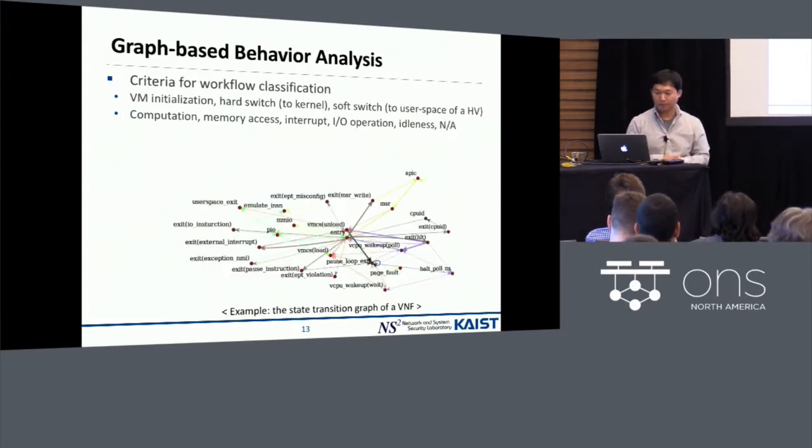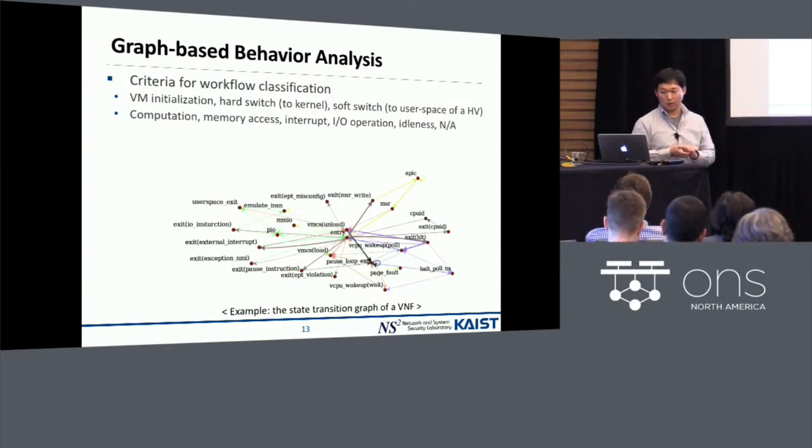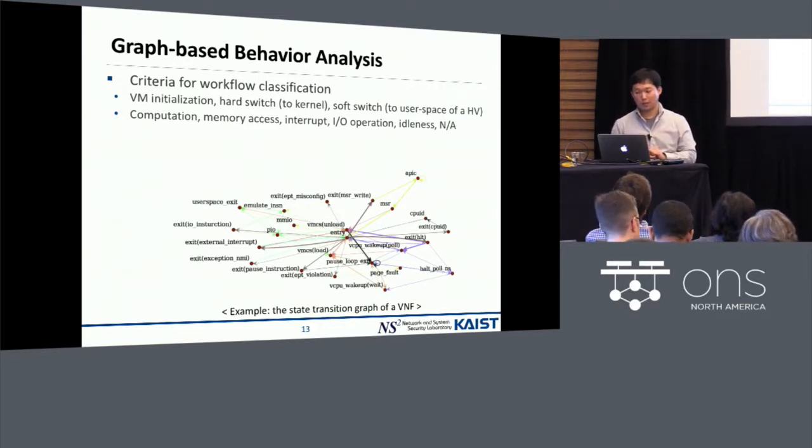And as the last step, the goal of the behavior analysis is to specifically point out the reasons for performance issues. To narrow down the range of possible reasons, we categorized the state transitions of VNFs according to the functionalities in a hypervisor, like computation, memory access, I/O operation, or even idle list.